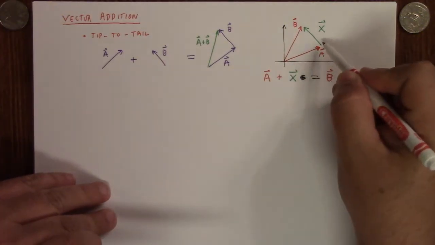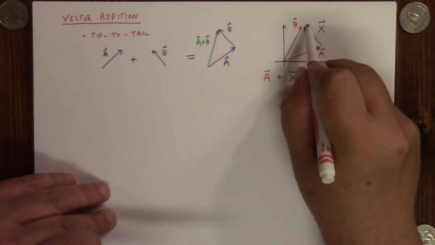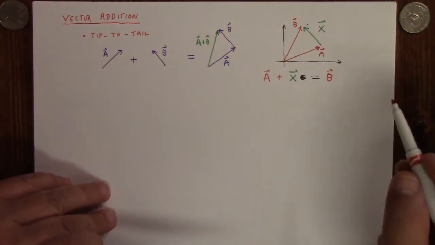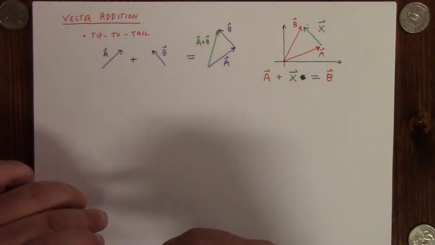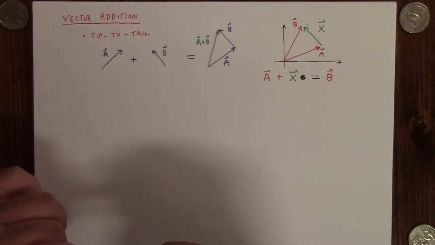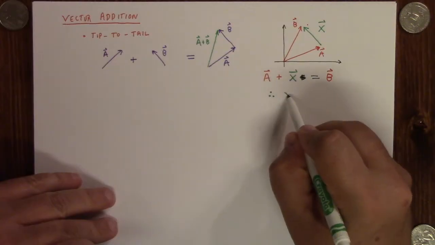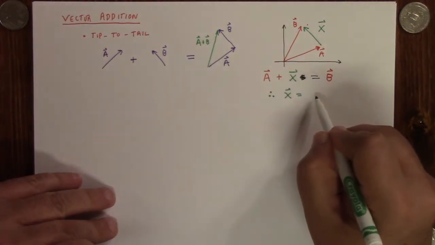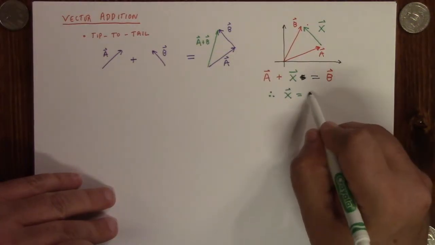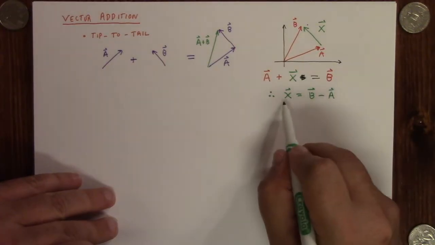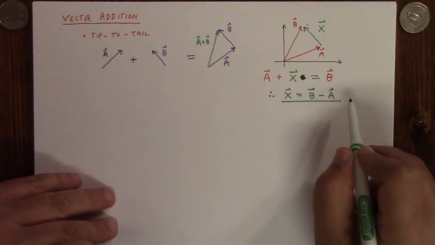If you go this way and then you go that way, it's the same as if you just go that way. So A plus X equals B, which goes to show you that our mystery vector X is equal to B minus A. So we can subtract vectors like that too.